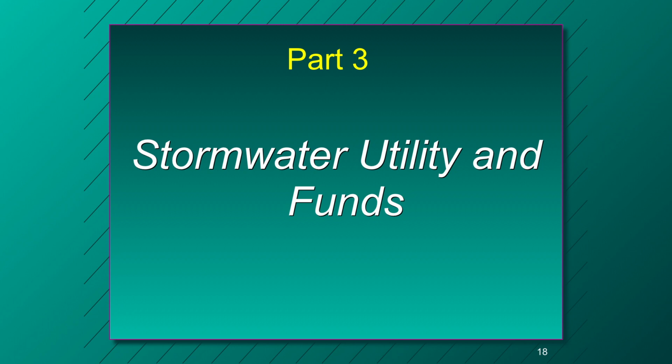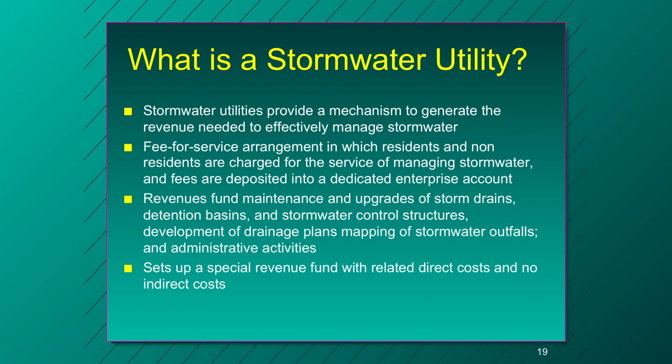So what is a stormwater utility? It provides a mechanism to generate revenue needed to effectively manage stormwater activities. It can have a fee-for-service arrangement in which residents and non-residents are charged for the service of managing stormwater, and fees are deposited into a dedicated enterprise fund account or a special revenue account.